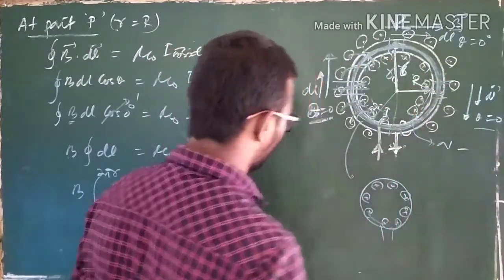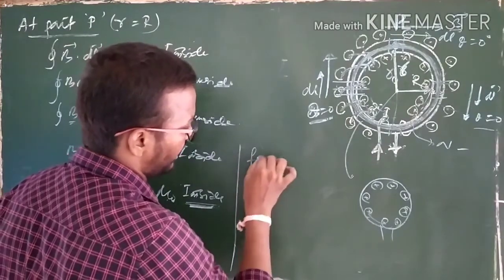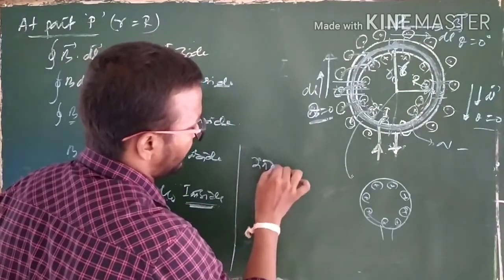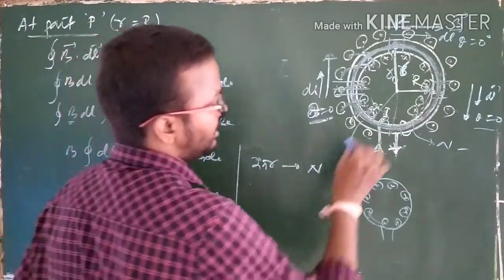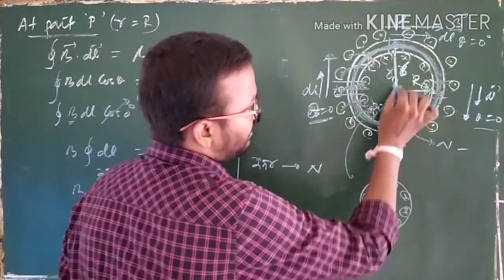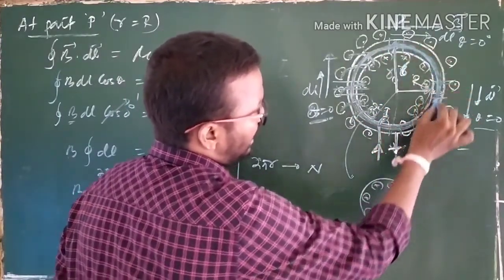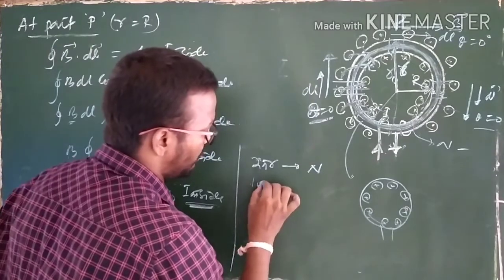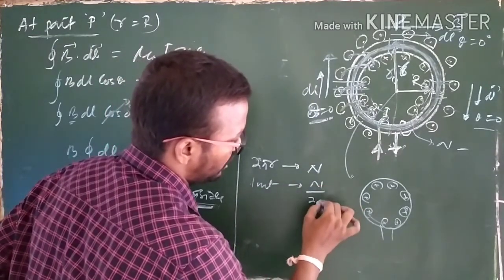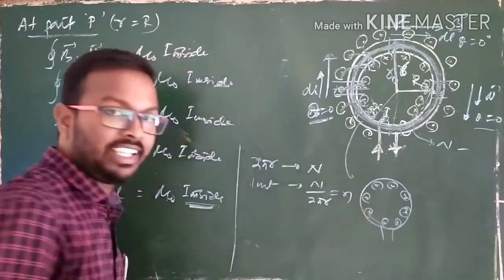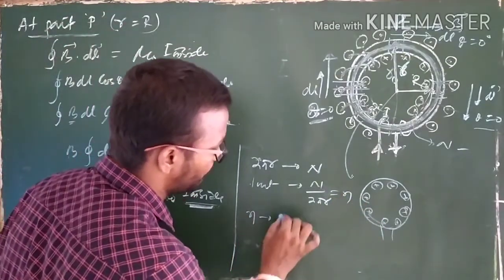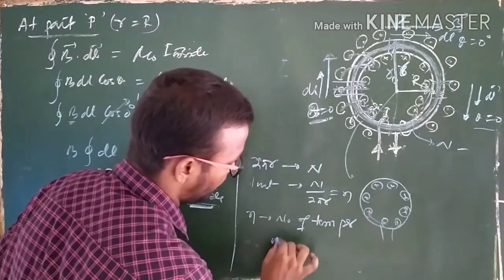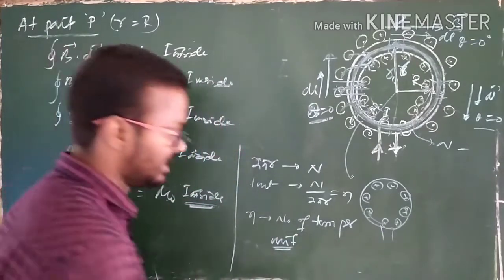Suppose there are N number of turns. That means for the total length of the Amperian loop, which is 2 pi r, there are N turns. That means the toroid consists of N number of turns. If this radius is r, then the total length of the Amperian loop is 2 pi r. So in 2 pi r length there are N turns. So in 1 unit length there are N by 2 pi r turns, and this is equal to small n, the number of turns per unit length.